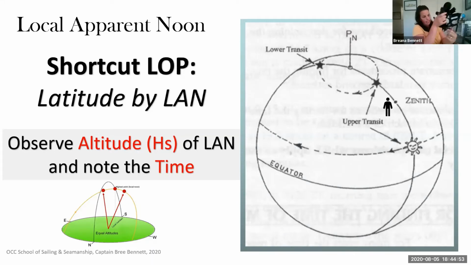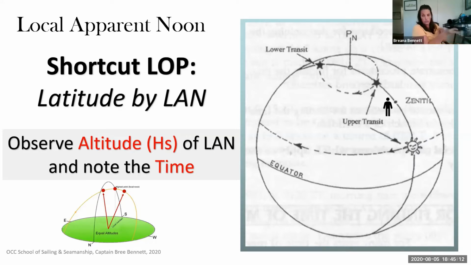So that would be turning it to the right. I'm increasing my altitude. And then if I'm still keeping it on the horizon, the moment where I have to turn it to the left and it starts setting, that is my LAN. So I'm going to note the time that happened.